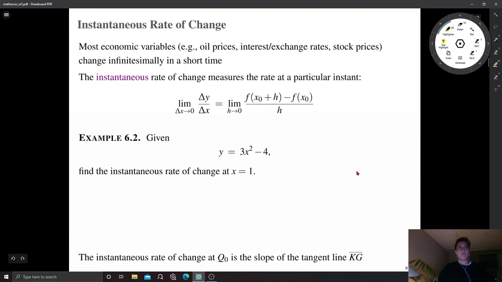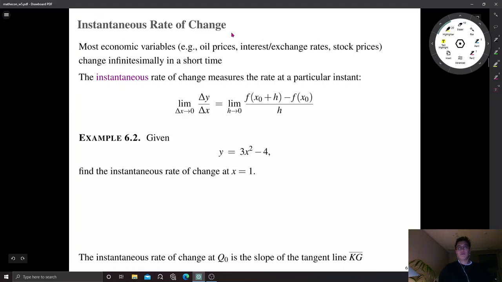All right? And there is a counterpart, the instantaneous rate of change. For motivation, most economic variables, for example, oil prices, interest or exchange rates, and stock prices, can change infinitesimally in a short time. So for analysis of such a variable, we sometimes look at the instantaneous rate of change.